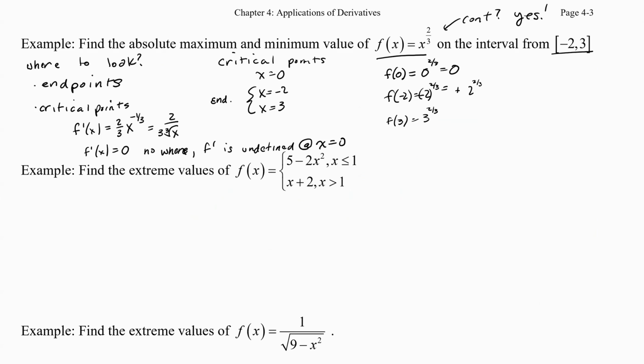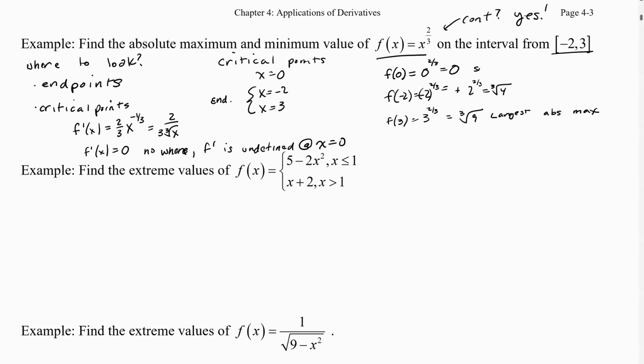If we do this, this one ends up being the cube root of 9. This one ends up being the cube root of 4, and this one's largest, which means it is the absolute maximum. It's the largest value of all the possible values that could be extremes.